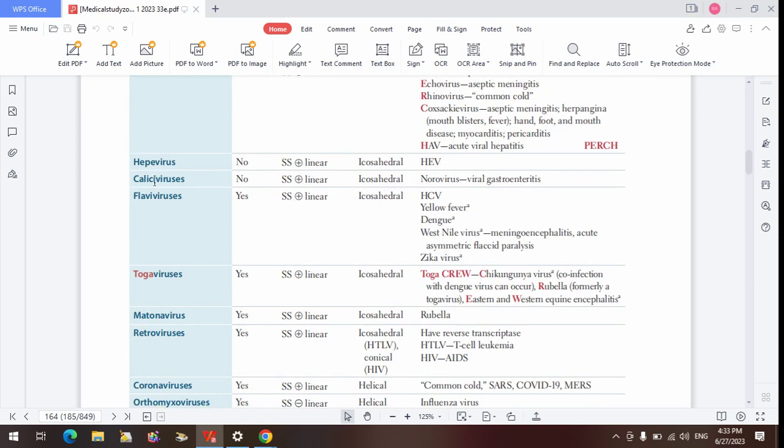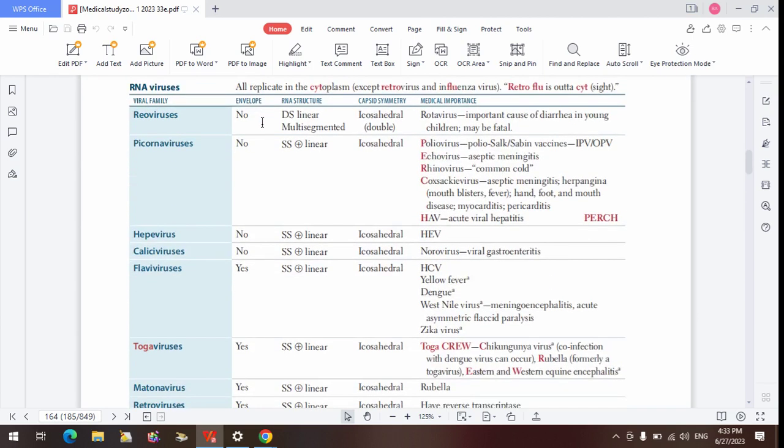So the next one is the E. The E is also one of those guys that we said is non-enveloped. And the only organism in the E is hepatitis E. One thing to take home about hepatitis E is that it's also transmitted just like hepatitis A, fecally, and sexual transmission.